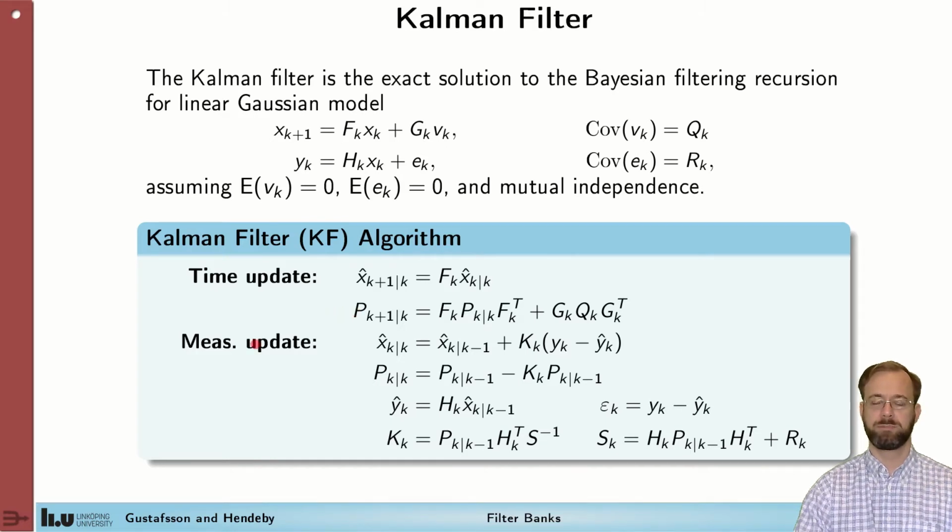And the second step, the measurement update step, where measurement information is incorporated in the state estimate. It's done in a way that we take the current estimate and then compensate for the difference between the obtained measurement and the expected measurement. We use a Kalman gain to tell how much this difference should influence the results. In the process, we get a better understanding of the estimate, which results in a lower covariance than we had before.